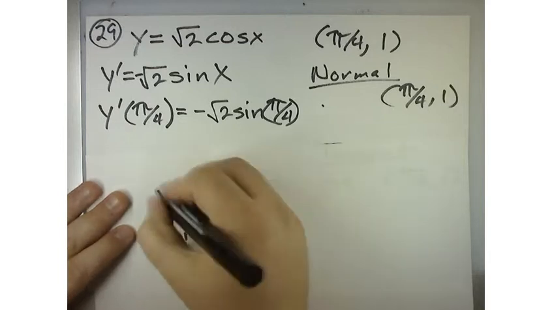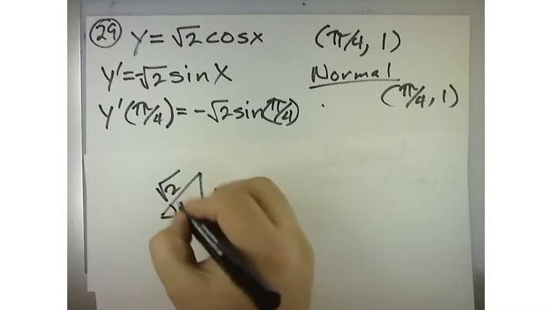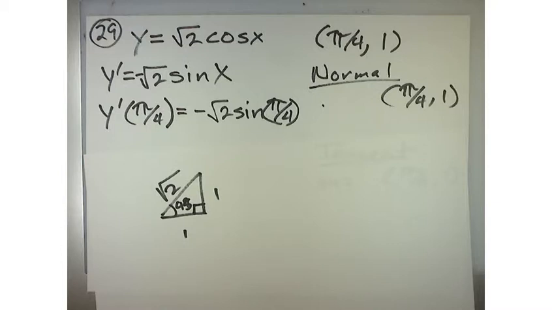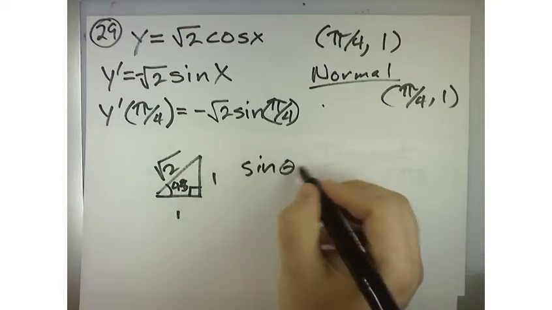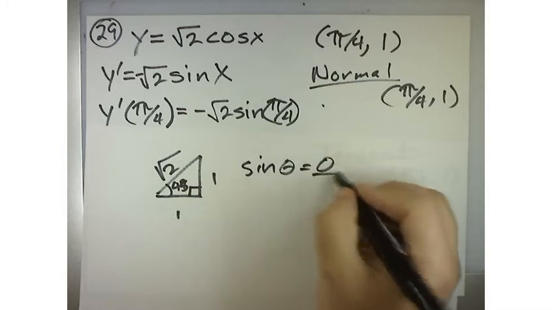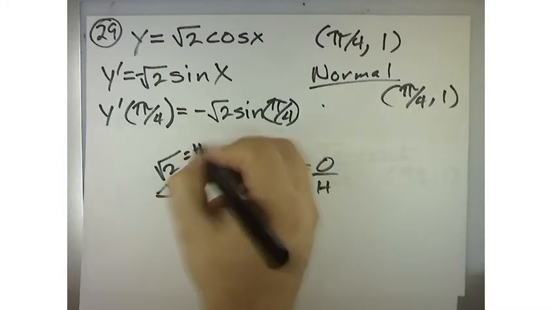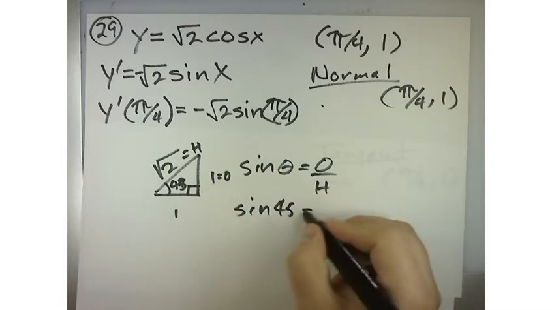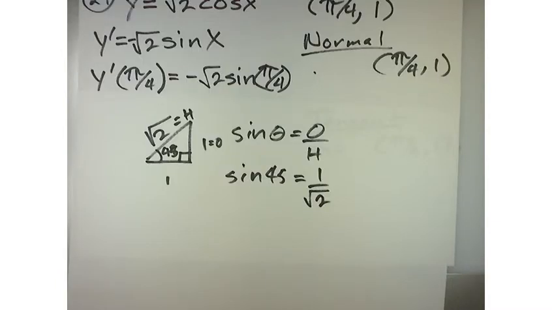1, 1, root 2 is the basic special triangle of a 45. Whoops, I wrote 49. 45. So now sine of theta is equal to the opposite over the hypotenuse. So sine of 45 is actually equal to 1 over the square root of 2. Can we leave the square root of 2 on the bottom?